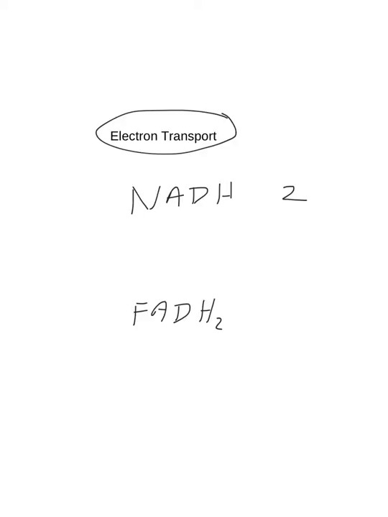We said they were going to be important later. With pyruvate conversion, we ended up with a total of 2 NADHs. And in the rest of the Krebs cycle, we ended up with 6. So we have a grand total of 10 NADHs to be fed into the system. The Krebs cycle gave us 2 FADH2s, and 10 plus 2 gives us 12 hydrogens, which is exactly what we had attached to the original glucose molecule.